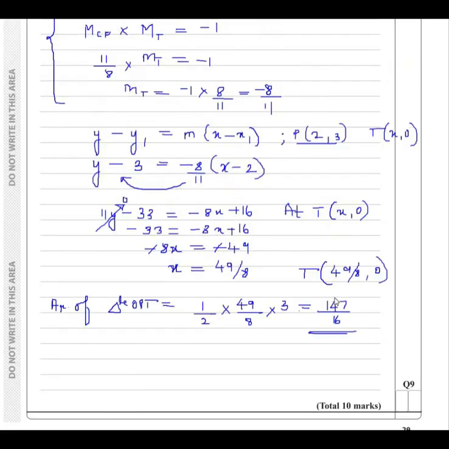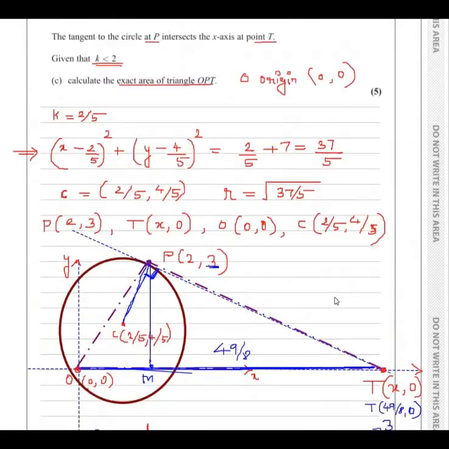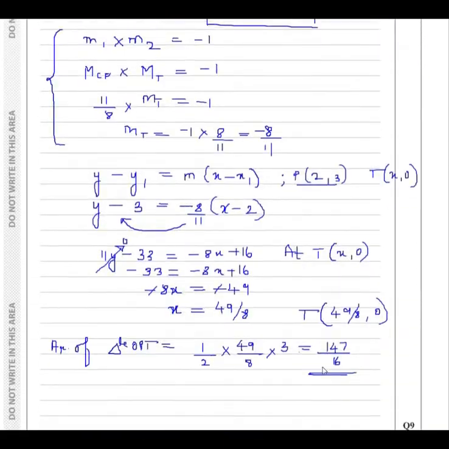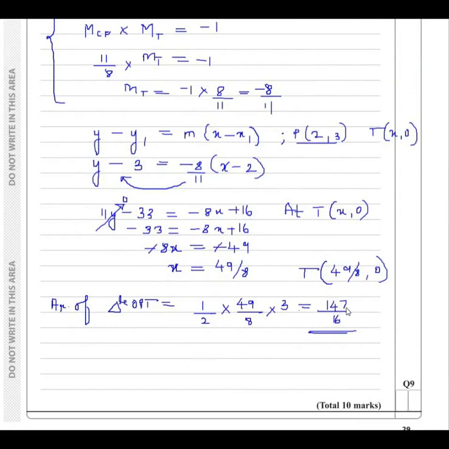Since they have asked you to write the exact value of the area of the triangle, you do not have to change it to any other form like decimals. You can keep it as a fraction. This is the final answer for the C part of the question.